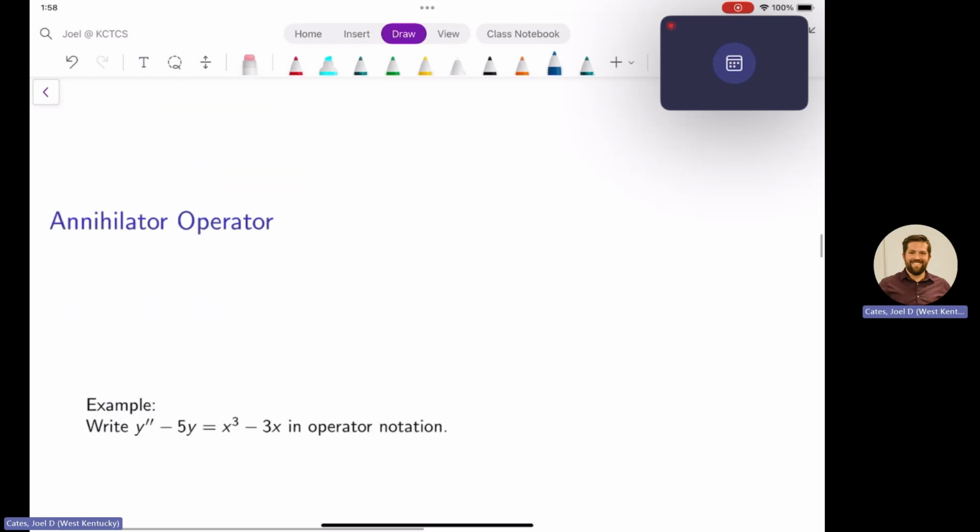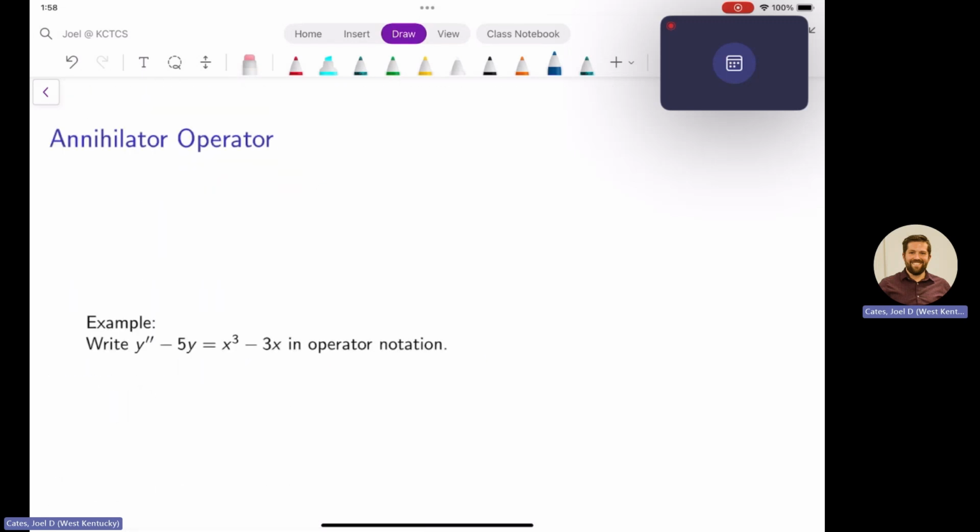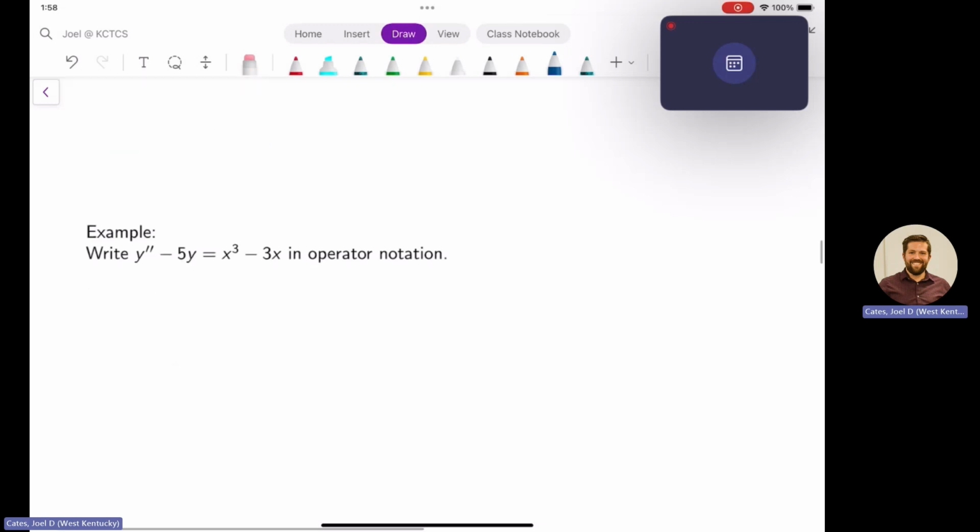Now we'll get more into that in just a moment, but let's write this differential equation with the operator notation. I'm going to write y double prime as D squared y, and that's minus 5y is equal to x cubed minus 3x.